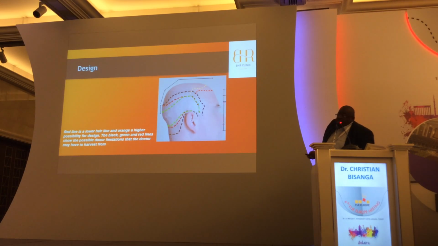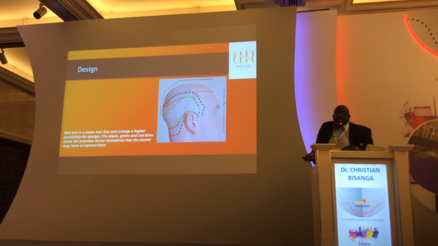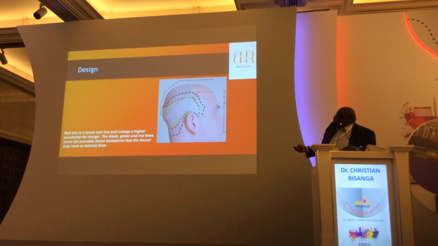But if the patient is 40 or 50, it's not a problem. If the patient is 25, you may run into a problem because you may lose all this in the future. So if you harvest 2 centimeters there, that could be a problem down the line.